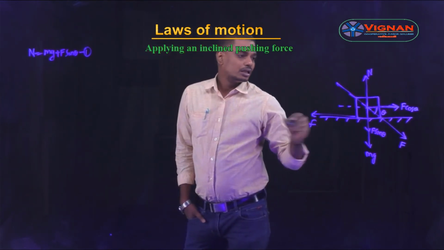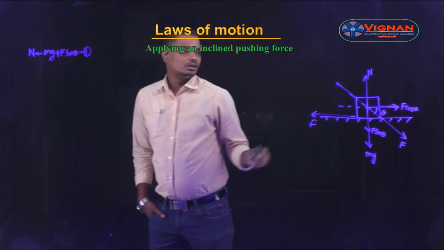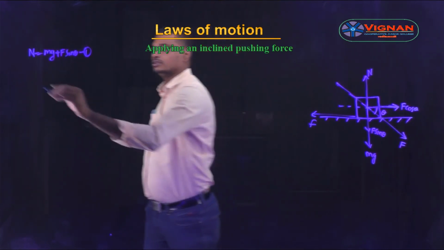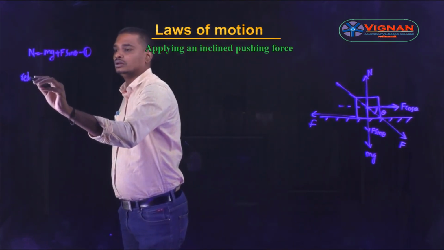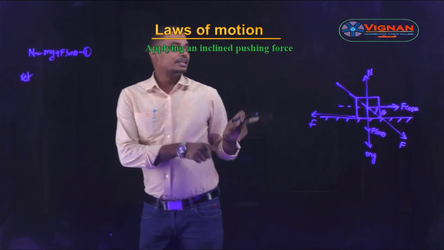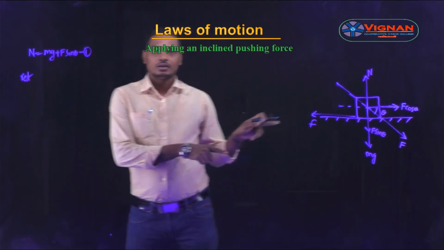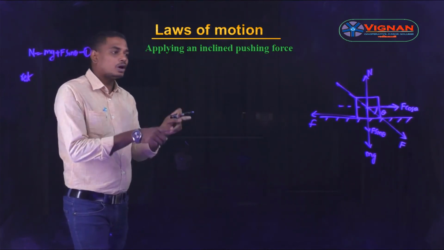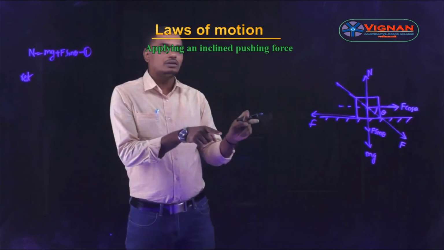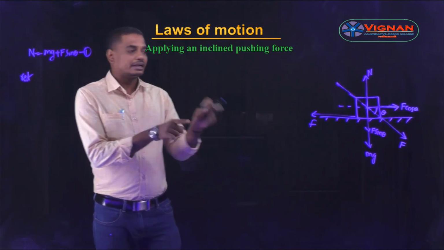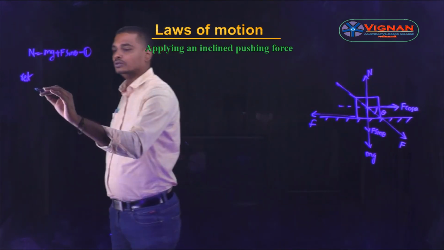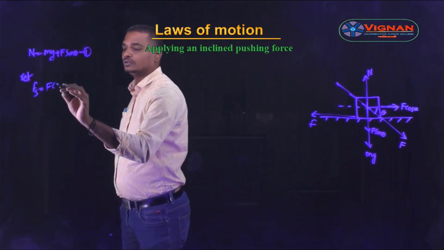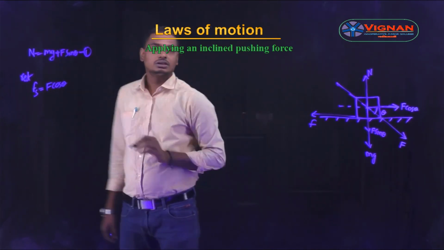And along the horizontal direction, if the block is in rest condition, the force that is tending to move the block is F cos theta. And if the block is at rest, then the static frictional force will be there. So static frictional force is equal to the applied force. Whenever it is in rest condition, static frictional force is nothing but F cos theta.